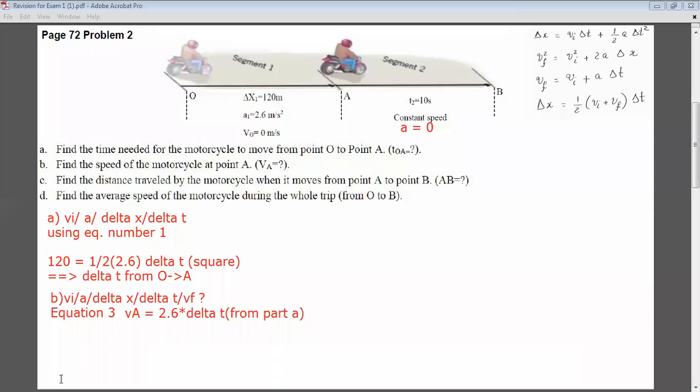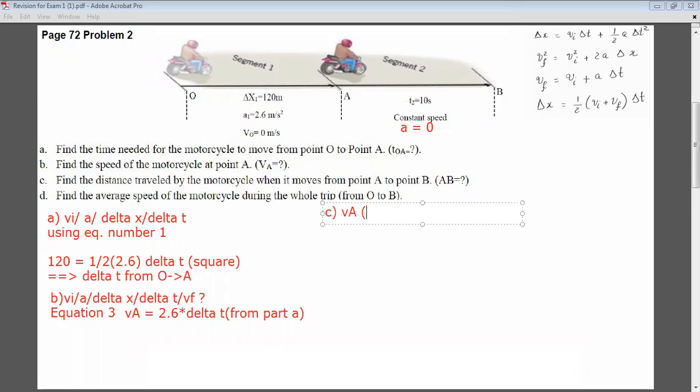Part C. Let's do it here. Part C. Find the distance traveled by the motorcycle when it moves from point A to point B. From point A to point B. What information do we have? Do we have the initial? Yes, it's VA.